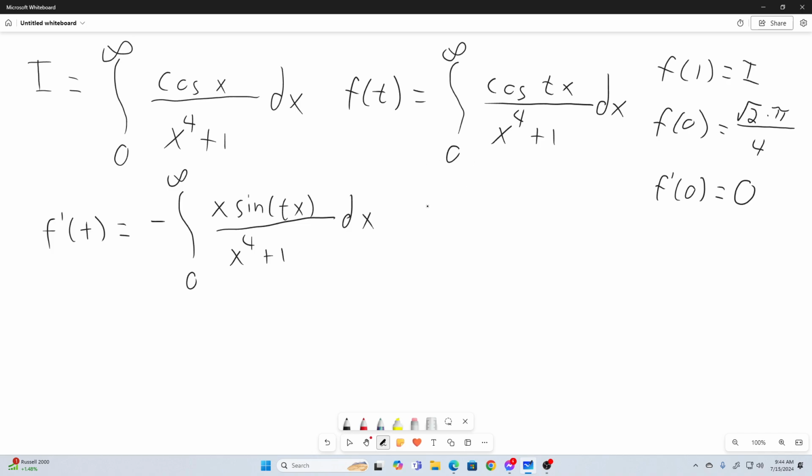All right, continuing, we're going to need to take some more derivatives, because eventually we're going to end up with a differential equation in t.